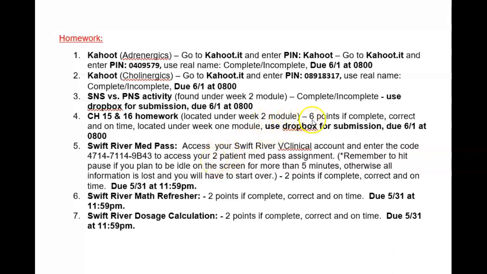I want you to think of it this way. If I did half of my homework here, and we're just going to use this one for simplicity, I did half of my work, I would get 3 out of 6 points. That's 50% on that assignment. Whether this is out of 6 points, or 60 points, or 600 points, or 6,000 points, it would still equate to a 50%. So the total points of the assignment isn't what matters.